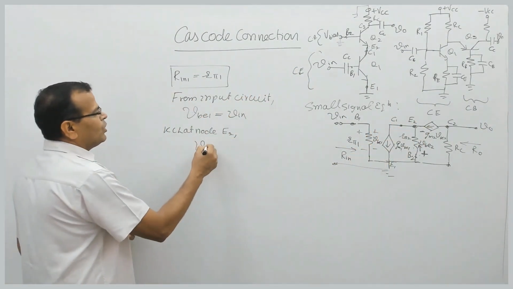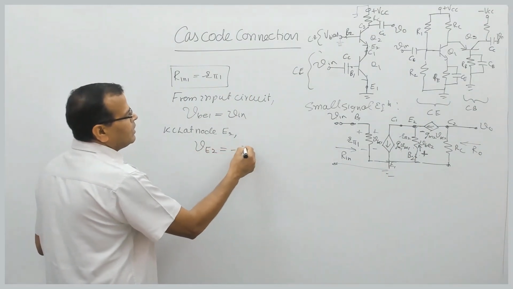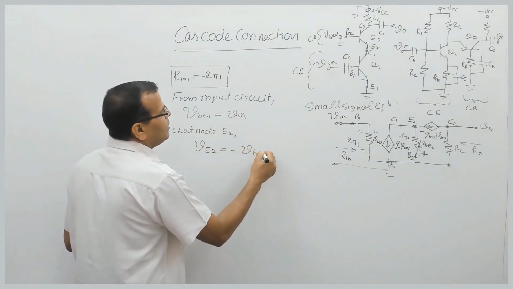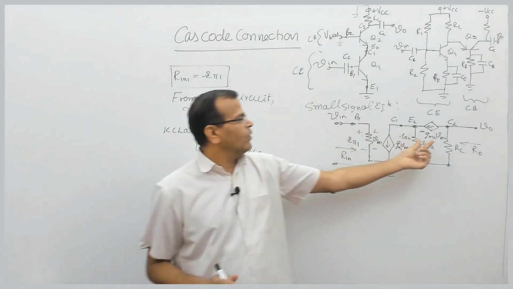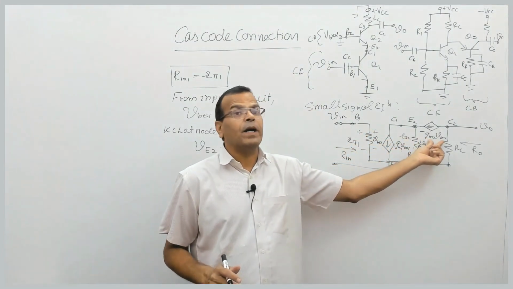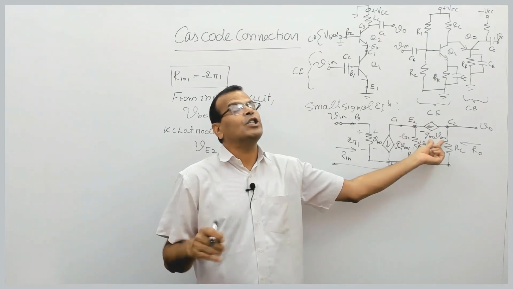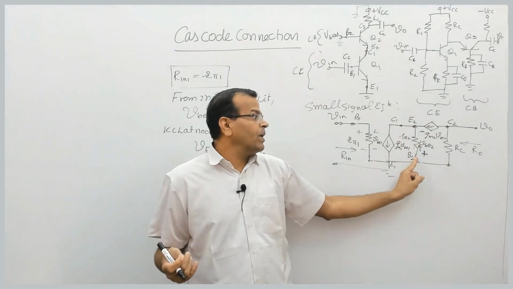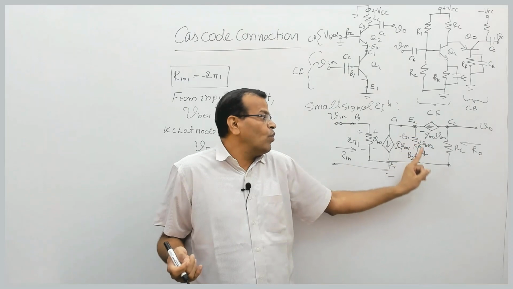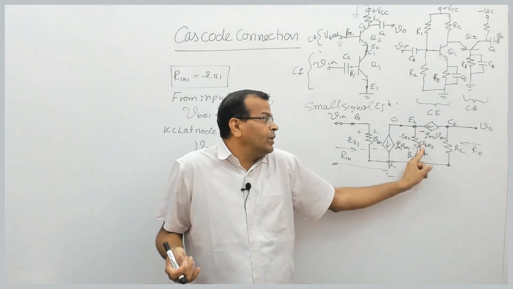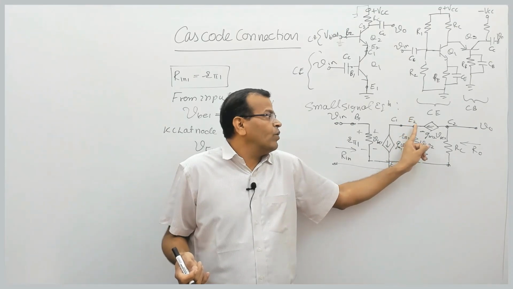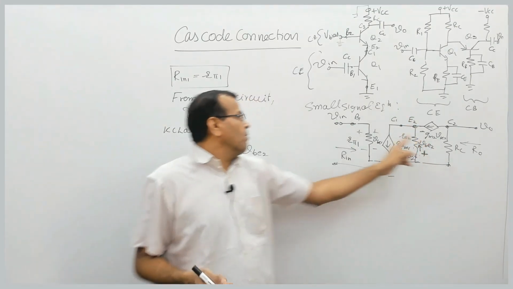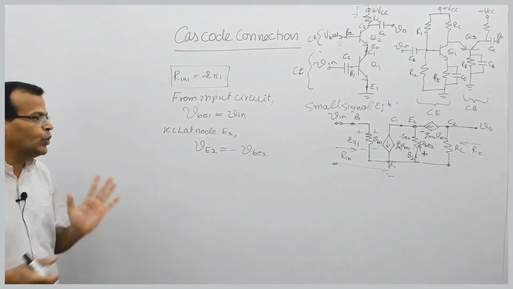Voltage at node E2, VE2, is equal to minus VBE2. Why? Because this current source is dependent upon the base to emitter voltage. Base terminal is this, emitter terminal is this, so voltage from base to emitter is VBE2. This is plus, this is minus, so voltage at node E2 must be minus of VBE2, right?